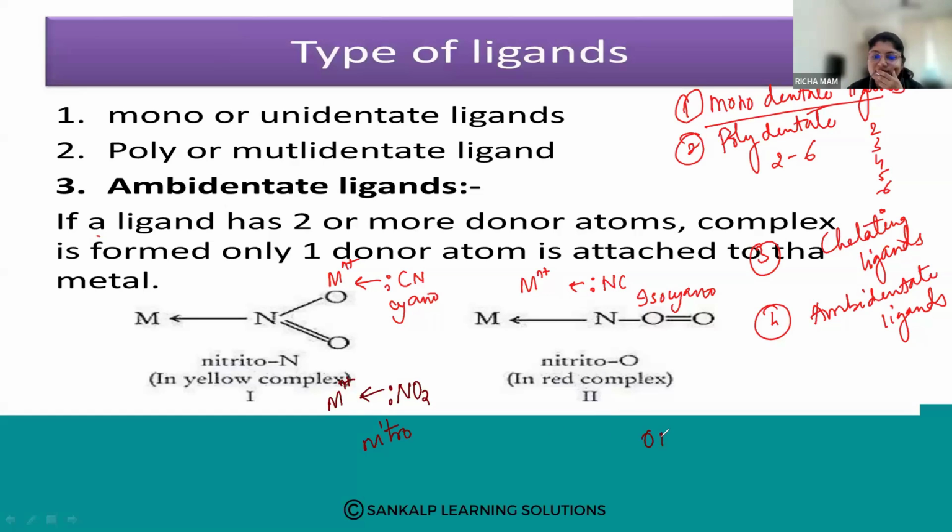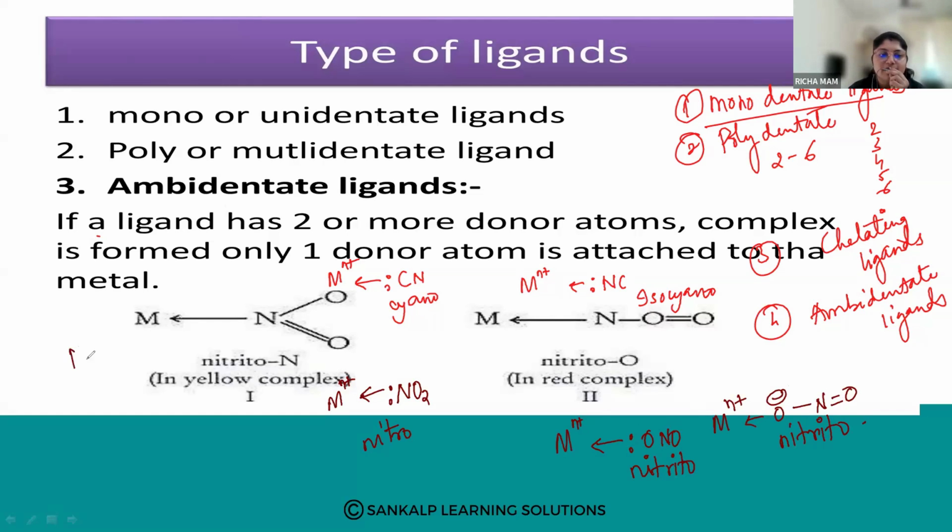Then if the oxygen of the nitro group gets linked to the central metal atom, it forms the nitrito group. So O minus, N double bond O, like this. When this is attached through oxygen to the central metal atom, it forms nitrito. Is it clear?